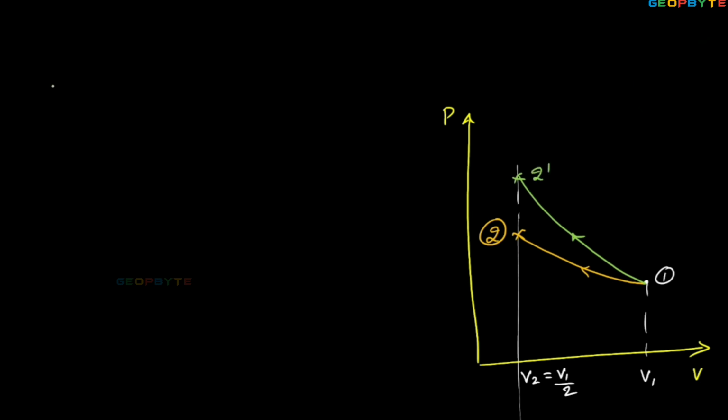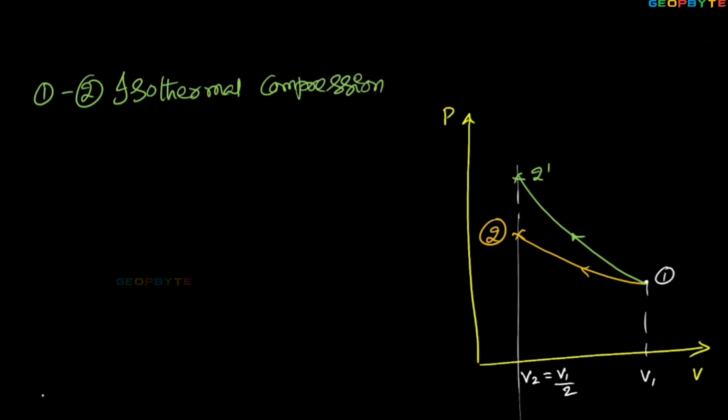1 to 2 isothermal compression, and 1 to 2 dash adiabatic compression, because the slope of the adiabatic curve is more than the slope of the isothermal curve.